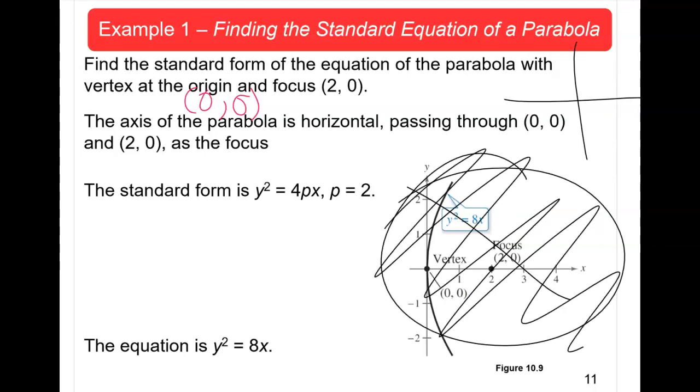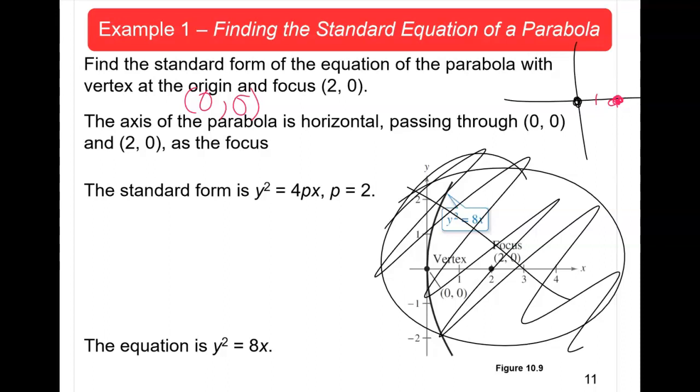If we were to graph a point here for the origin and then a point for the focus, which will be at (2, 0), 1, 2, that will tell me that my parabola is going to be opening to the right side.